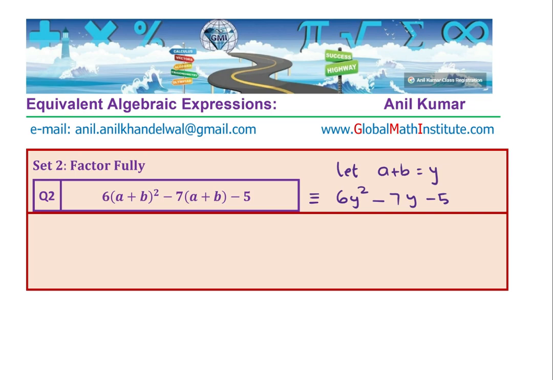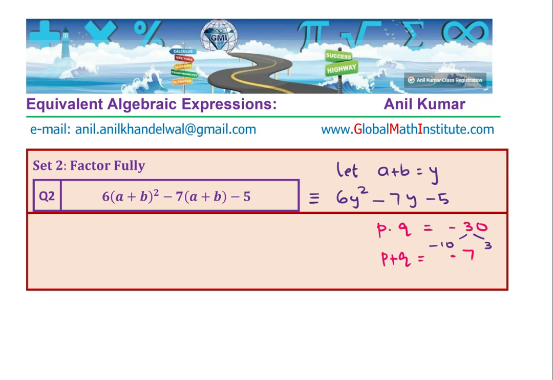And now to factor this, we are looking for what? Sum and product, correct? So at this stage, we are looking for product of two numbers, let's say p and q, as 6 times minus 5, which is minus 30. And we're looking for the sum of two numbers to be minus 7. So the combination which will give you minus 30 and sum minus 7 is clearly minus 10 and 3.